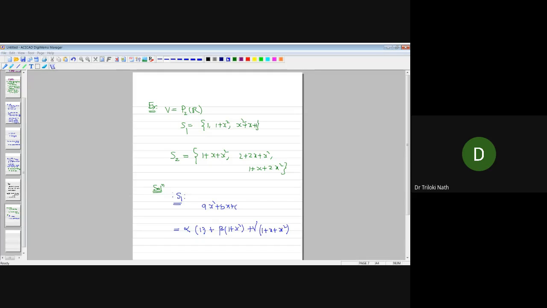So let us compare this. Alpha constant term plus beta plus gamma at one place, then at another place the coefficient of x is just gamma, so gamma times x, then the coefficient of x square is beta plus gamma.